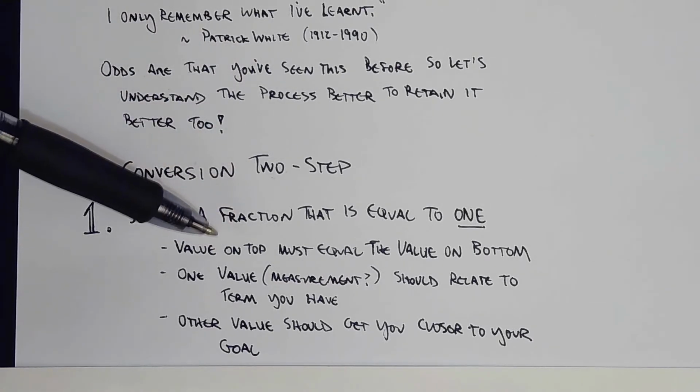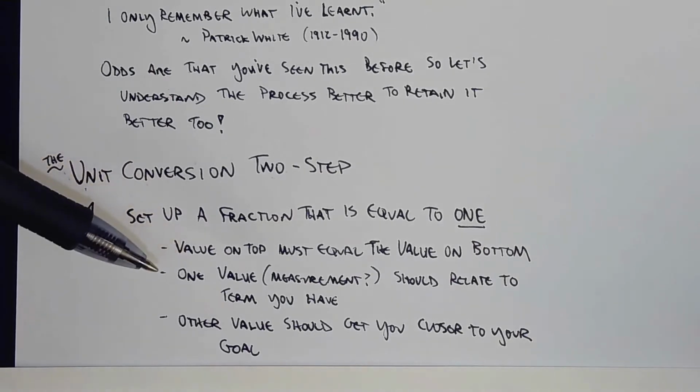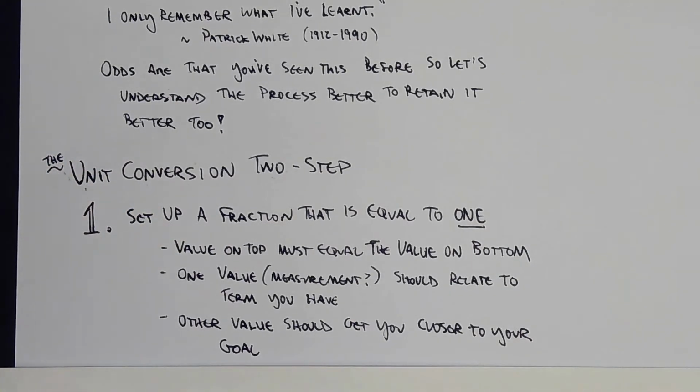It has a specific role in getting you one step closer or completing the conversion. And again, some of the values you'll know. If I was to say how many centimeters are in a meter, hopefully you'd have a sense of that. More complicated ones you might have to look up. You won't necessarily know all the values, but it's important that the value on the top and the value on the bottom are equal to each other.